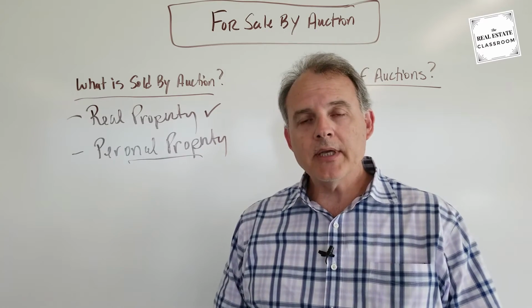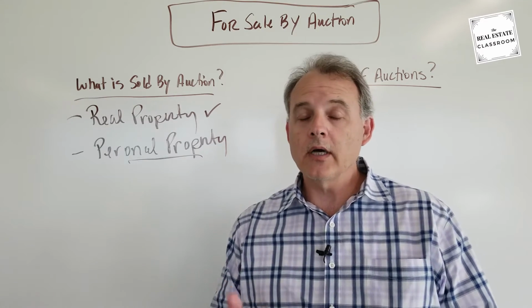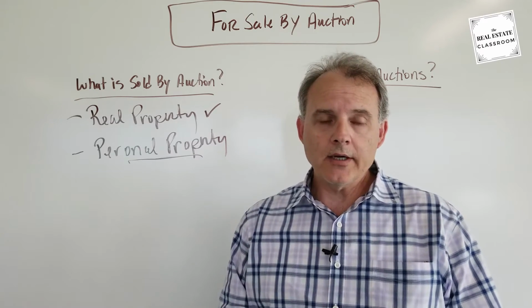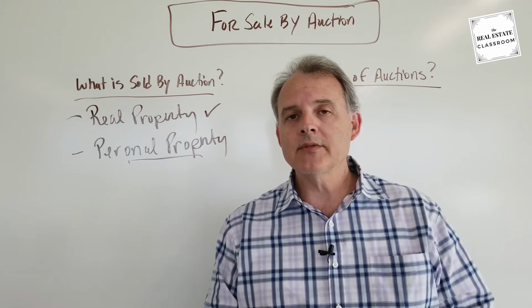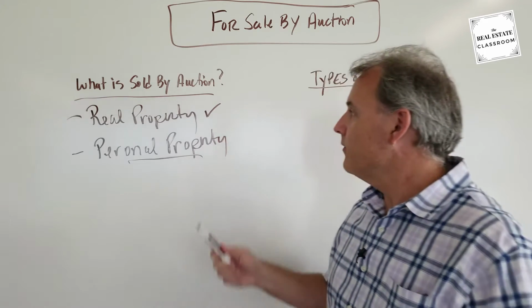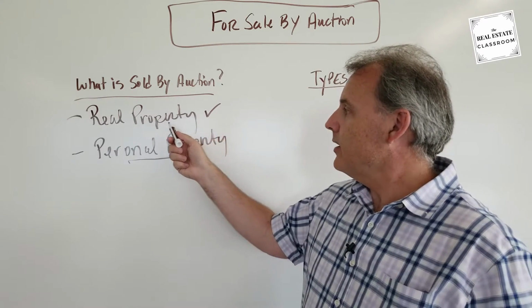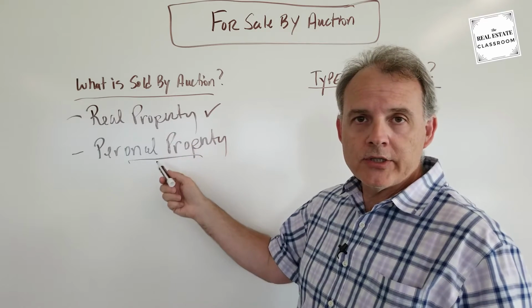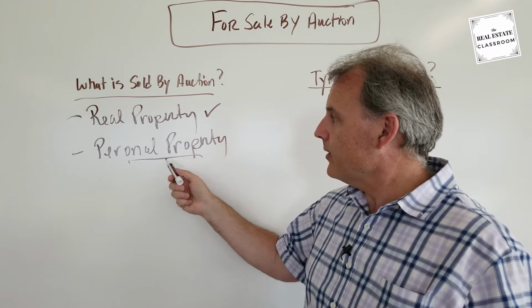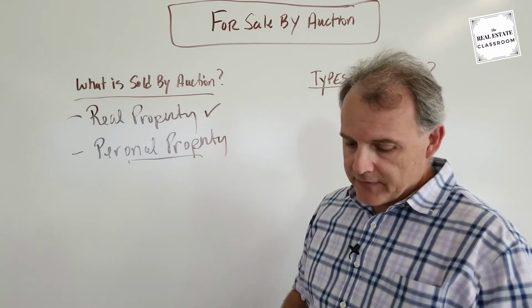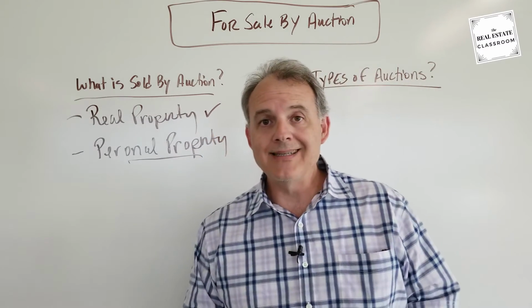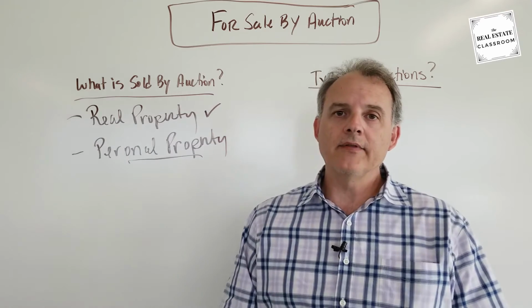And this does come up because many times, particularly when farms are being sold at auction, you're going to have the real property, but you're also going to have many times personal property as well. So if they have a real estate license, then not only can they do the real property auction, but they can also do the personal property. If they don't have a real estate license, then they're going to have to find somebody with a real estate license to conduct the real estate side of the auction.